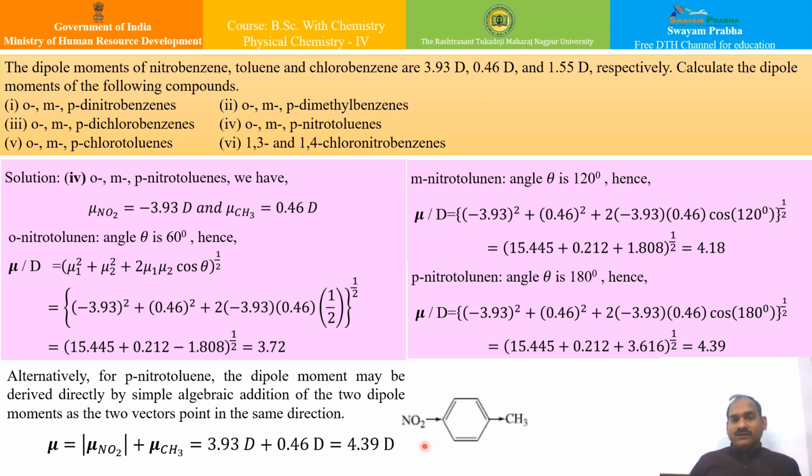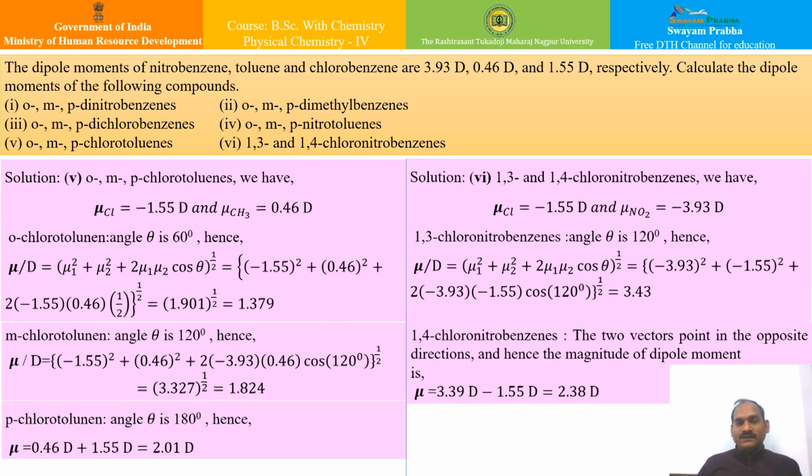We can now solve the fifth example, which is ortho, meta, para chlorotoluenes. In such a case, what we have now is the dipole moment of chloride, which is minus 1.55 D, and for methyl it is 0.46 D. Now for orthochlorotoluene, the angle is 60 degrees.